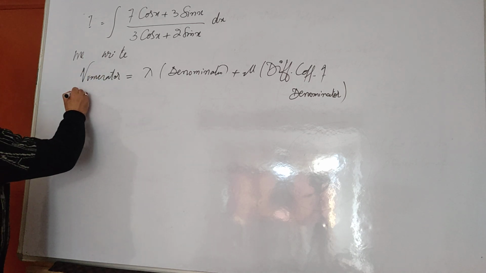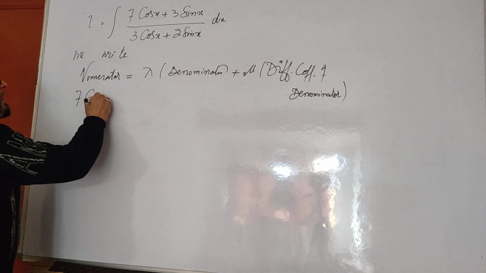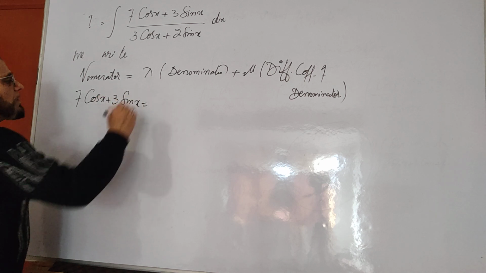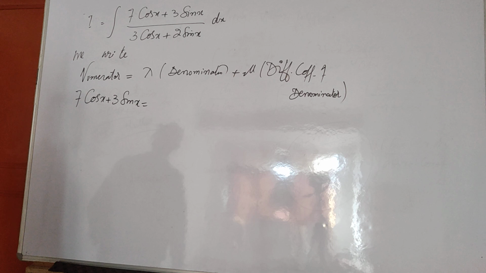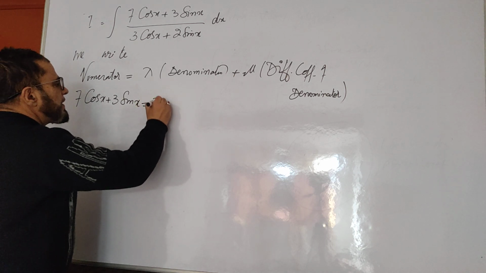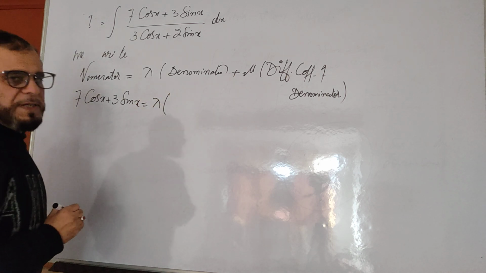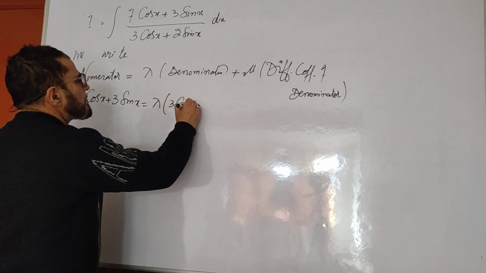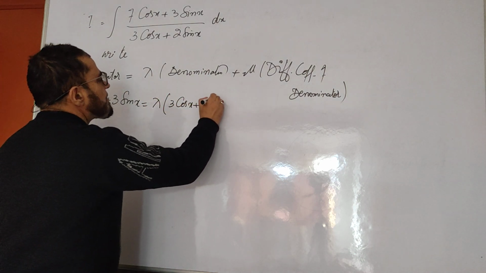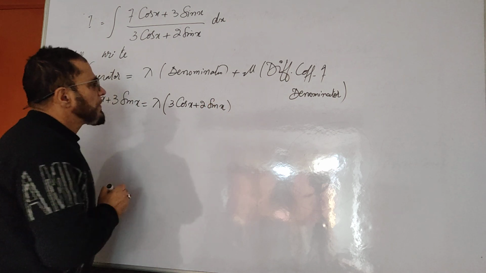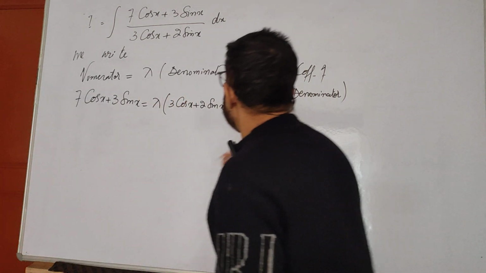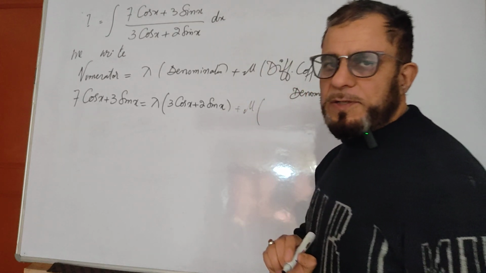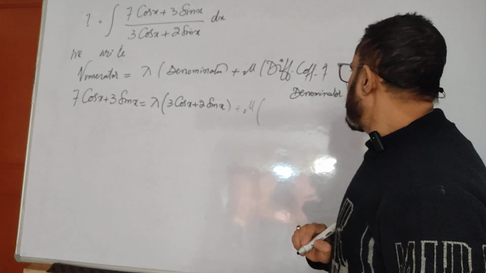The numerator is 7 cos x plus 3 sin x, which is equal to lambda times the denominator, that is 3 cos x plus 2 sin x, plus mu times the differential coefficient of the denominator.